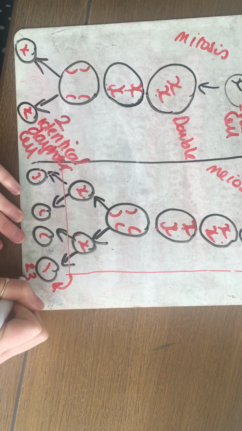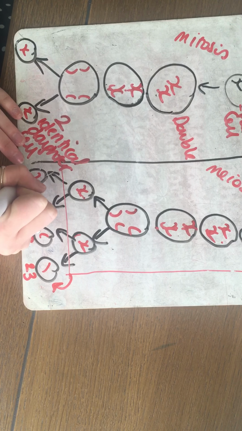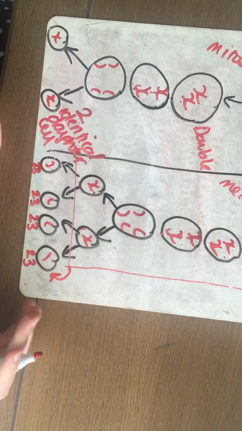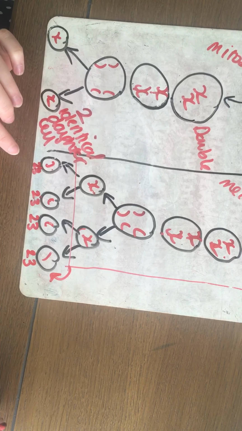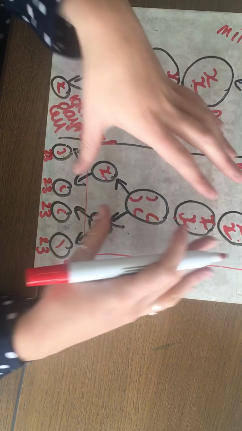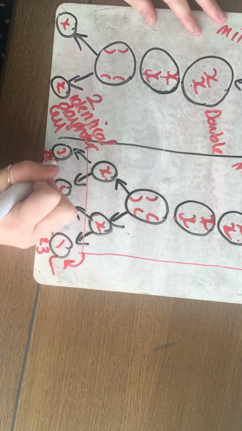So in total, there will be 23 chromosomes in each one of these nuclei. Now the reason for that is these nuclei here will either form an egg cell if you're female, or will form sperm cells if you're male. So they will make 4 egg cells or 4 sperm cells.